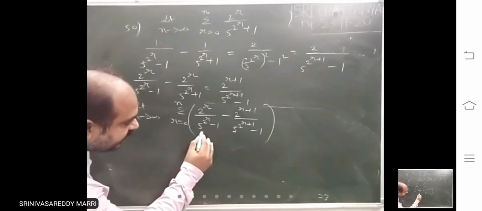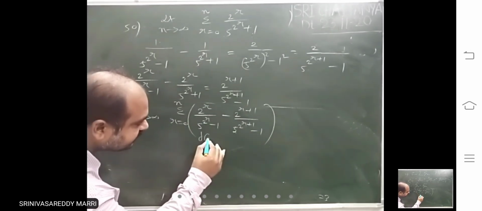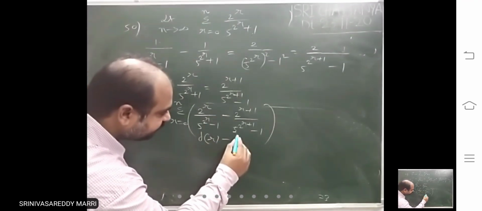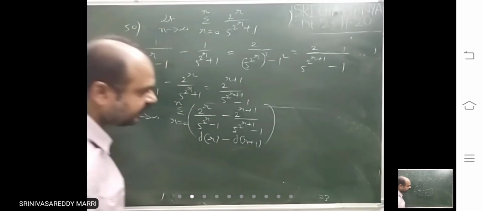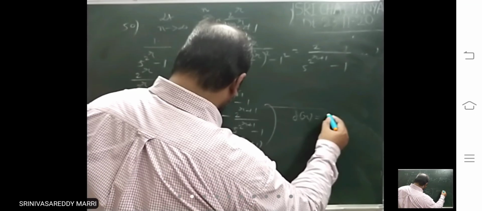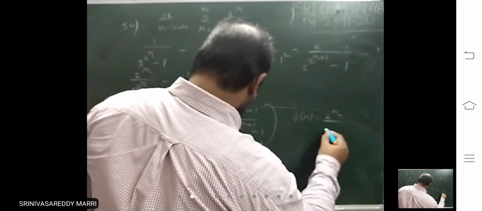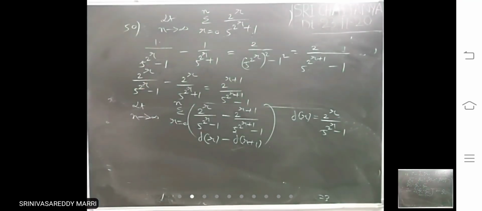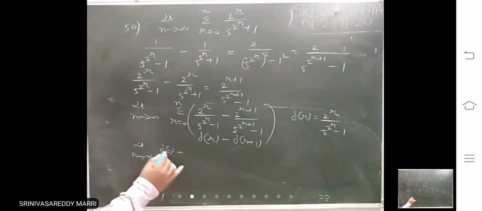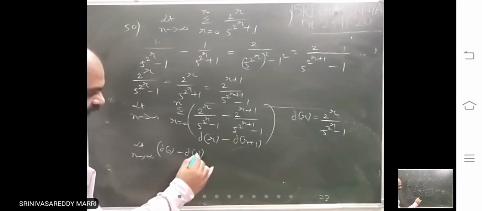Now for convenience I am taking this as f of r, a function of r, minus the same with r plus 1 in place of r. I have taken f of r equals 2 power r divided by 5 power 2 power r minus 1. Now I am expanding the sigma. For r equal to 0, f of 0 minus f of 1.